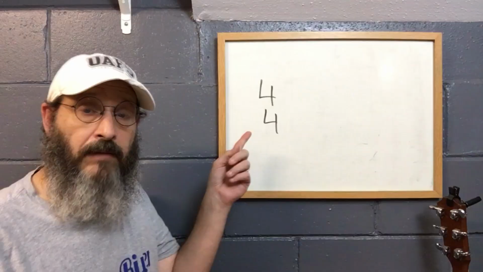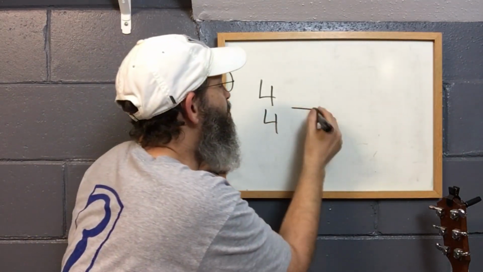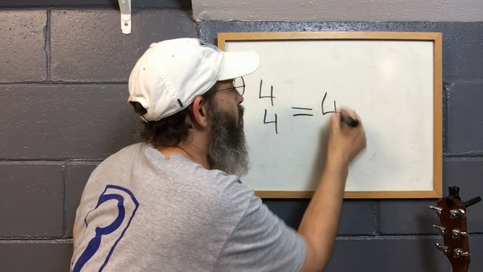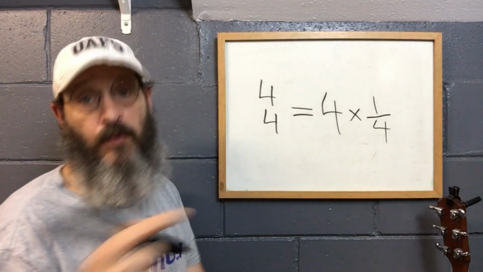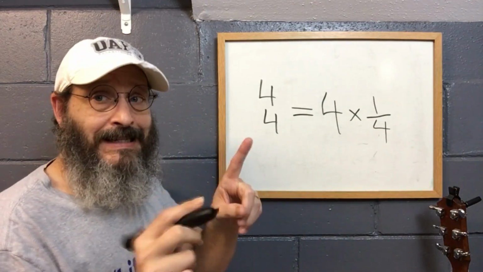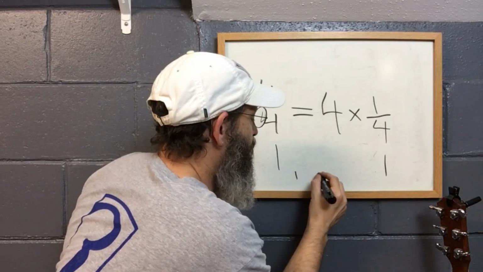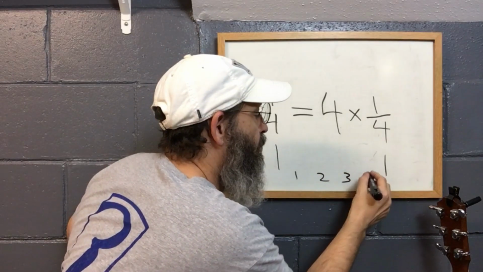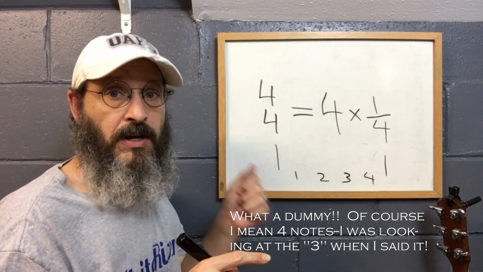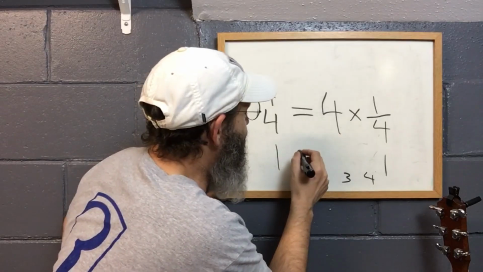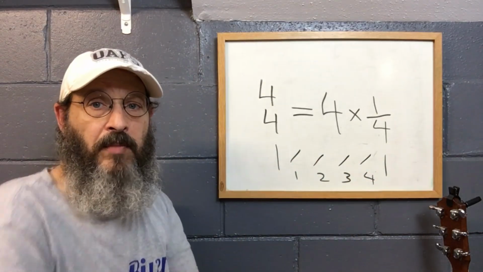So if we think about it, 4 over 4, if we proceed algebraically, is the same thing as 4 times 1 over 4, if we don't reduce, correct? So what this is telling us, the whole number, is simply telling us that we have 4 notes in this measure. 1, 2, 3, 4, 1, 2, 3, 4, and that each of those counts is occupied by a quarter note.